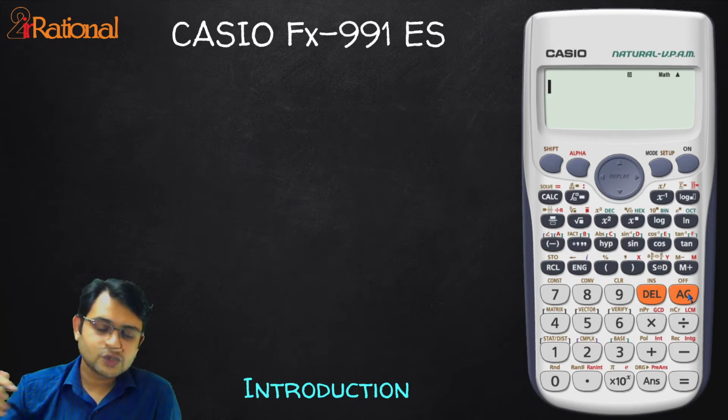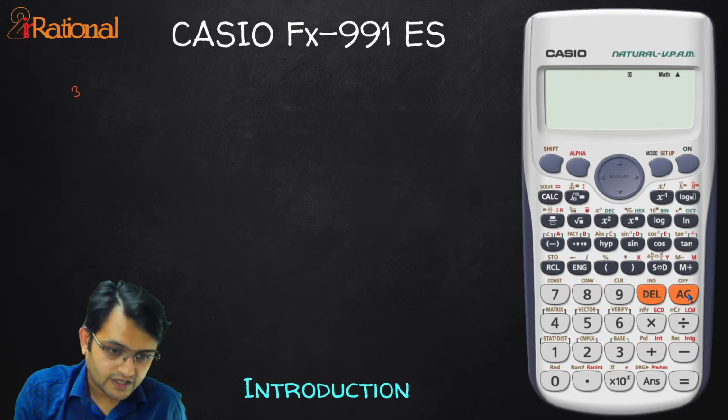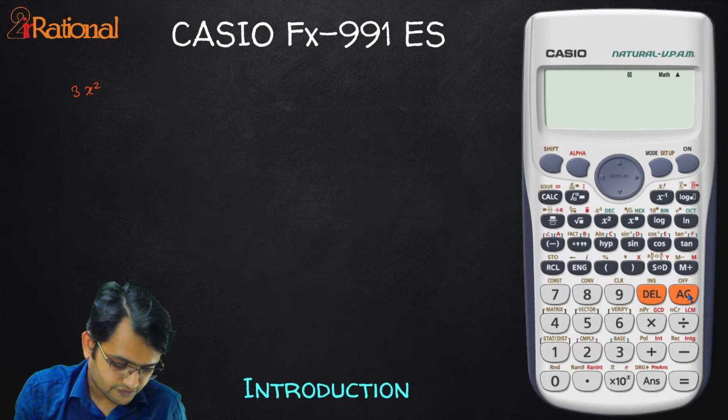Now let's assume I have a quadratic equation to solve. Let's say something like 3x square plus 4x minus 4 equal to 0.